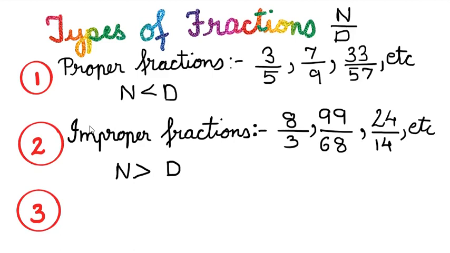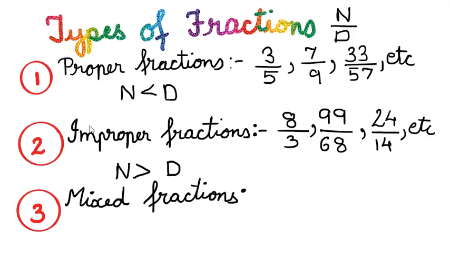And the last type what we are going to study, that is mixed fractions. You have studied about this in 4th standard. We will just recall. So see here. Now I am taking 2 and one fraction like 1 upon 4. Yeah. So such a fractions where you have whole number and a fraction. Such fraction is called mixed fraction.